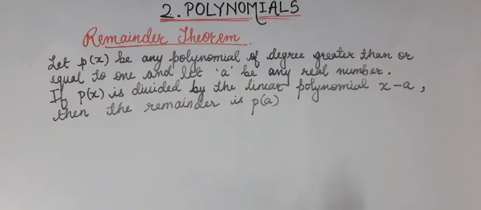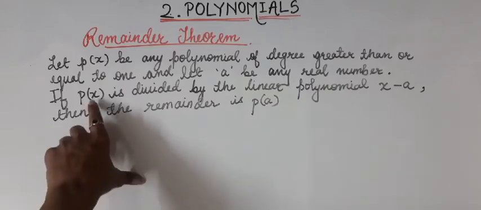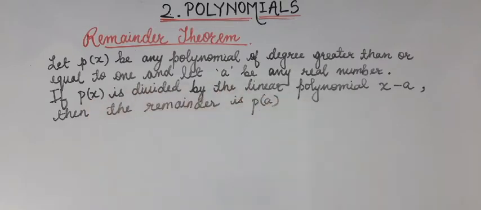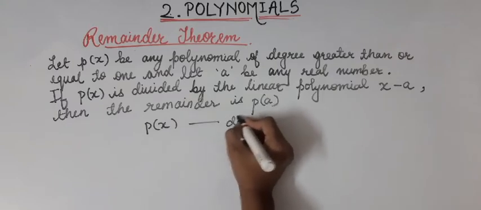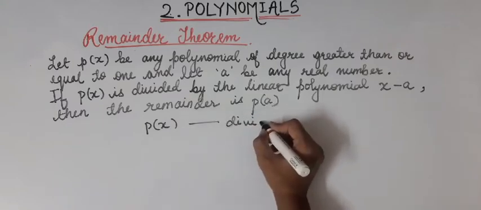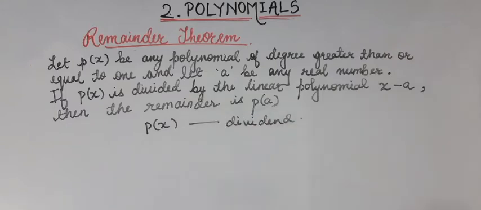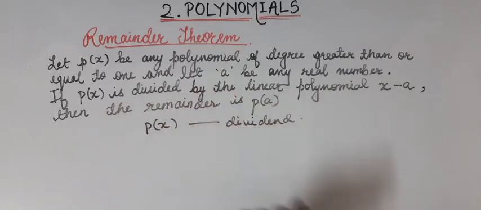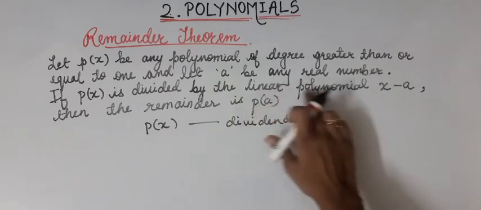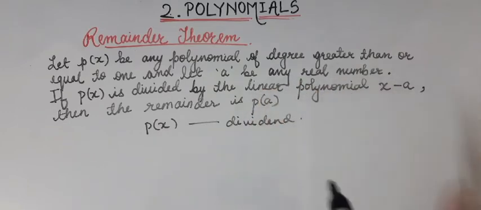If p of x is divided by a linear polynomial, so p of x is your dividend. It is divided by what? A linear polynomial of degree 1.